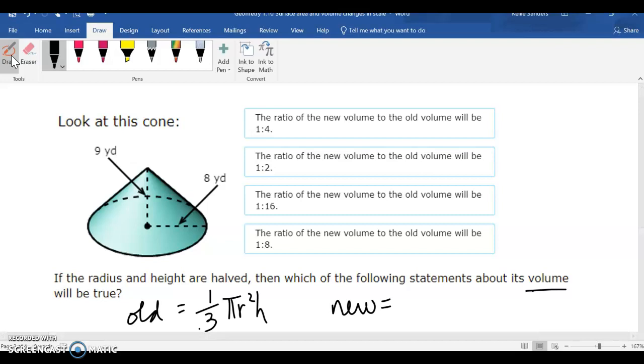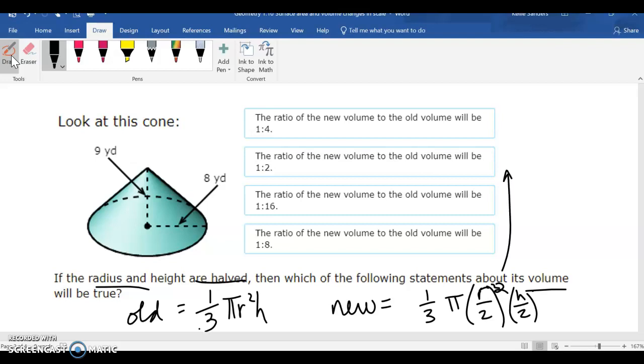The new, 1/3 pi, what are we going to do? We're going to halve the radius and halve the height. So r over 2 squared, and then h over 2.